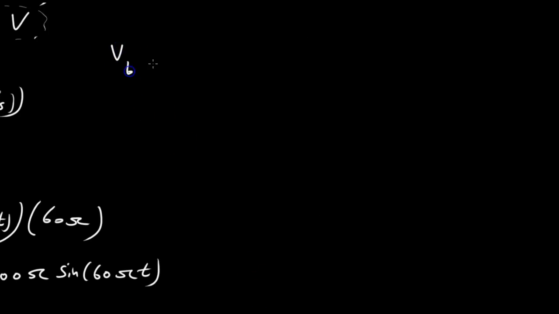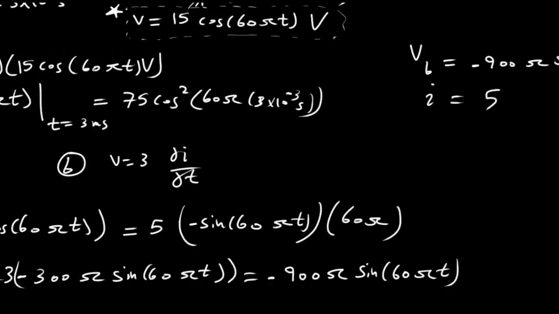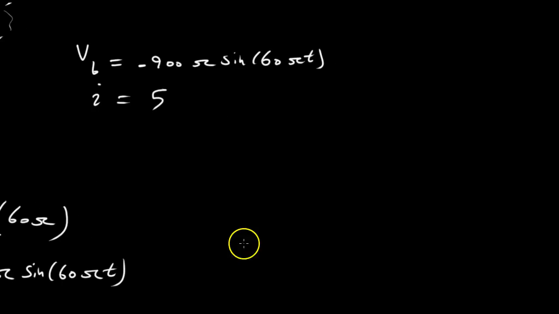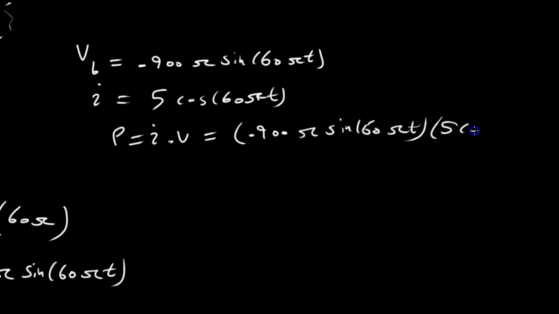So the voltage for part B is negative 900 pi sine of 60 pi t, and the current initially was, I believe, 5 cosine of 60 pi t, and the power is given by current times the voltage, which is equal to, in this case, negative 900 pi sine of 60 pi t multiplied by 5 cosine of 60 pi t.